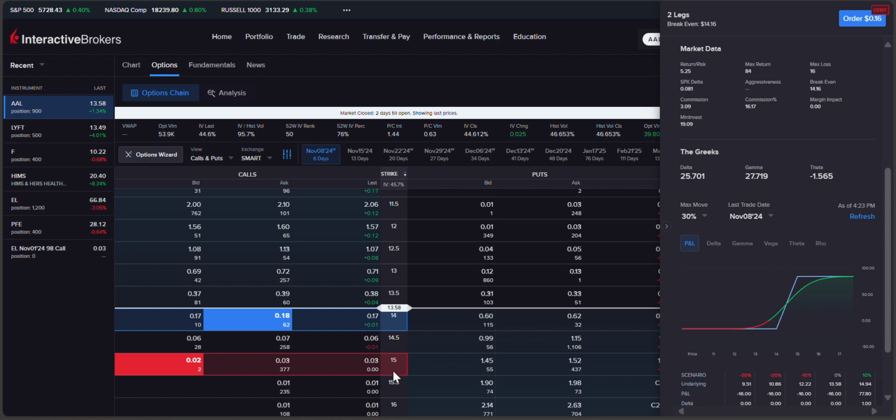And so basically you will be required to sell the option at 15, and any value beyond that you won't be able to capture.